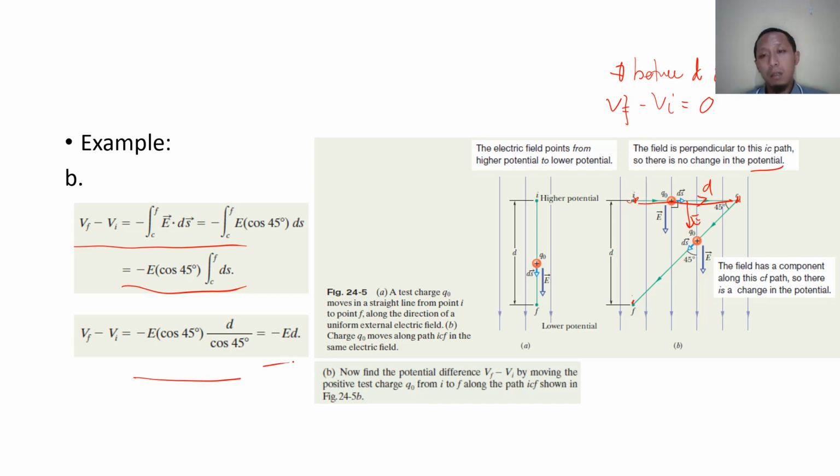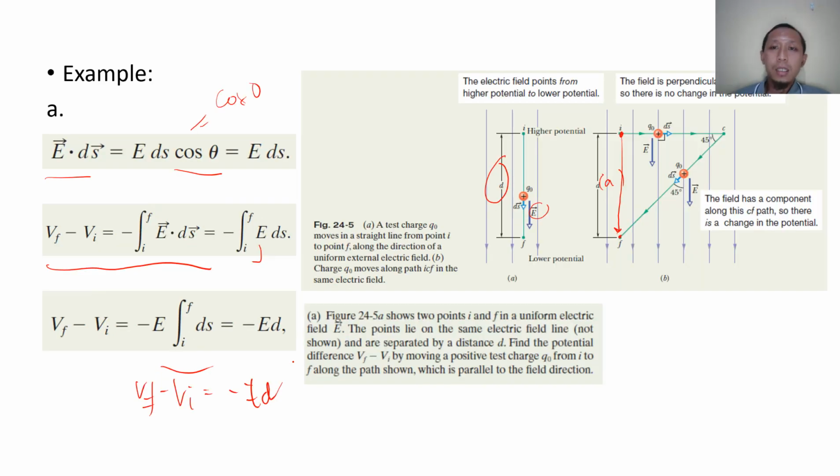So this is similar. If we move the charge from one point to another point, we have to check the movement, the shortest path of the charge, not the actual path.